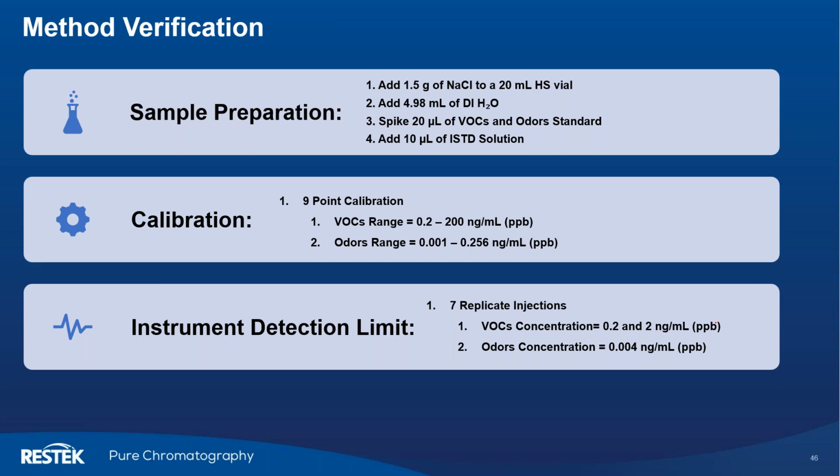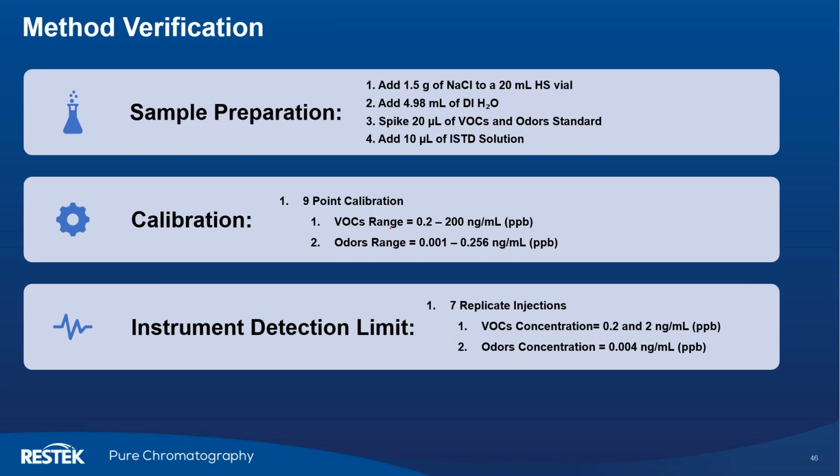For sample preparation, we added 1.5 grams of sodium chloride to a 20 mL headspace vial, which was then topped up with 4.98 mL of water and spiked with 20 microliters of our VOCs and odors standard. We also used a set of internal standards for this method. Our calibration covered a 9-point range for each of these.